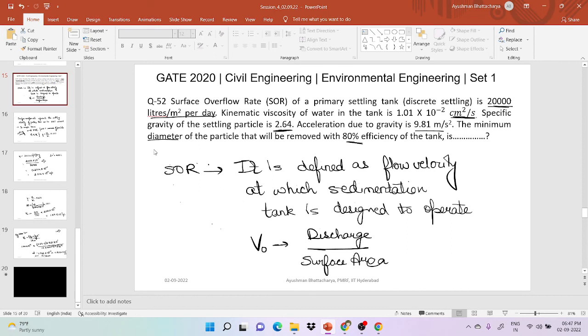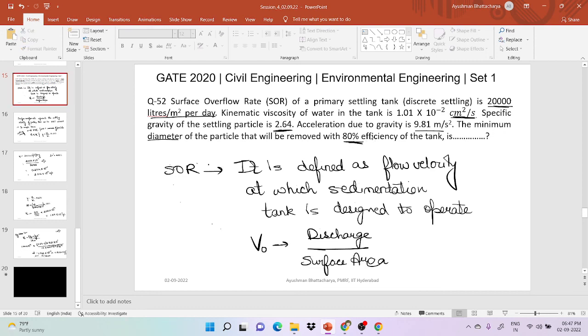However, I will repeat the concept of this question once again. In this, they have given the surface overflow rate of the primary settling tank, and they have given other data also regarding kinematic viscosity, specific gravity of the settling particle, and the acceleration. They asked what would be the minimum diameter of the particle that will be removed with 80% efficiency of the tank.